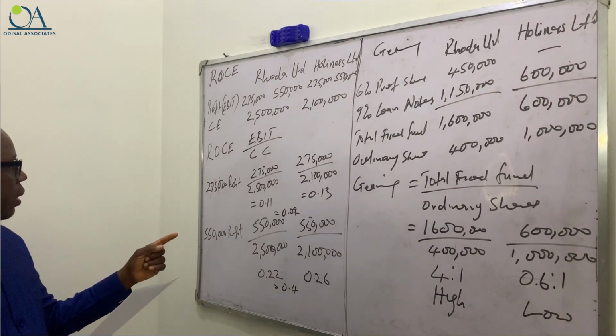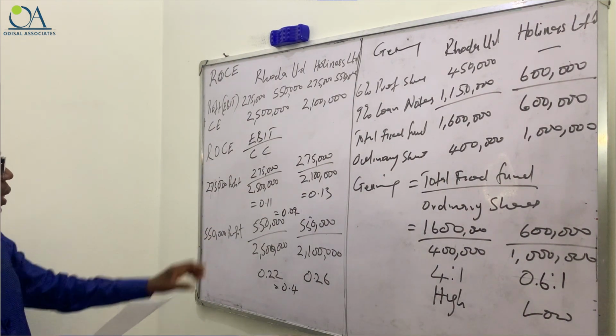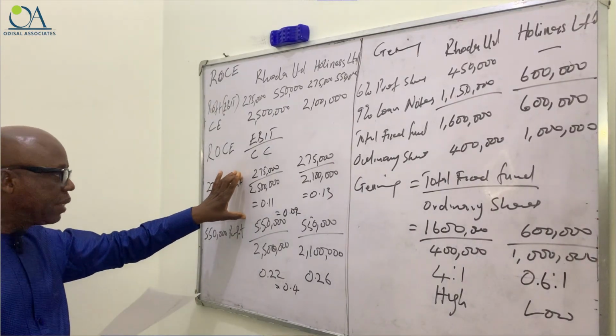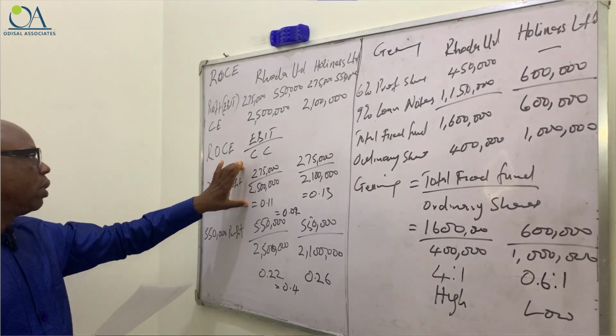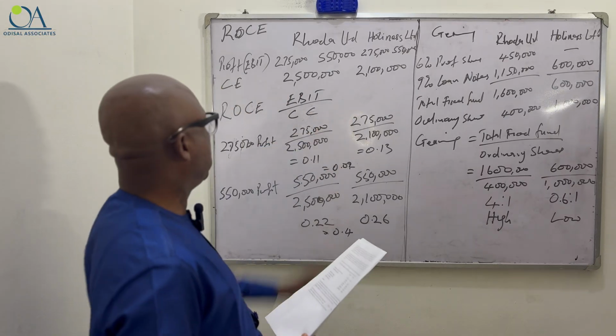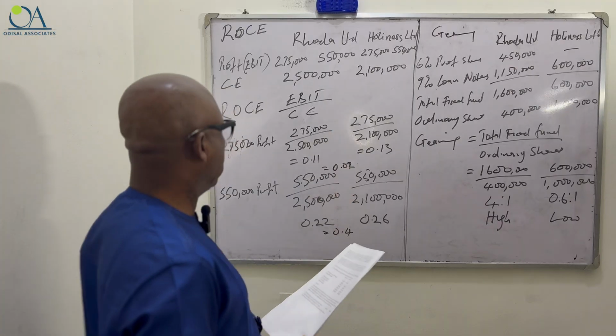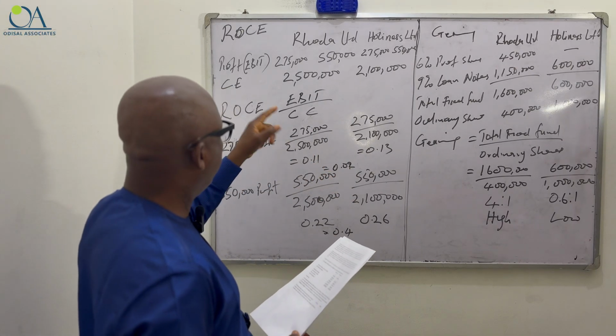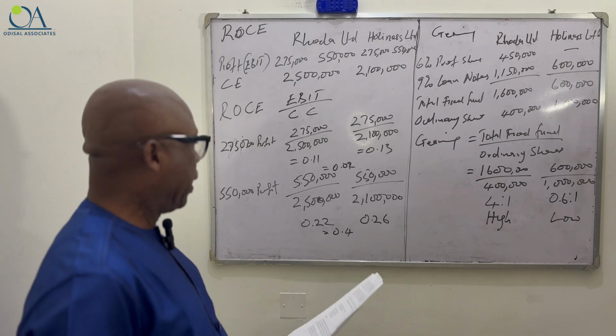That is why you have seen that in this place, capital employed is making less of earning before interest and tax, while in this other place, capital employed is making higher. This is because preference share is not there.